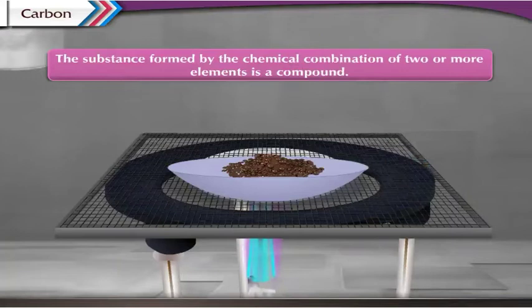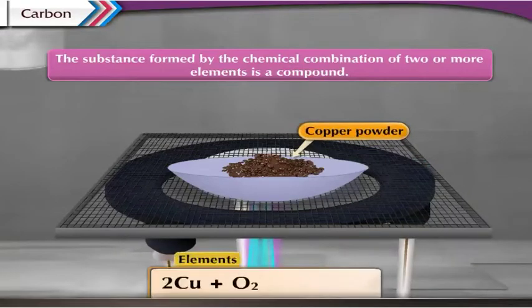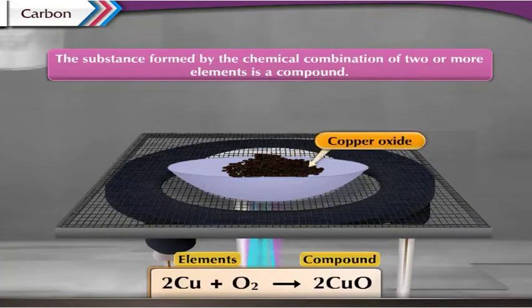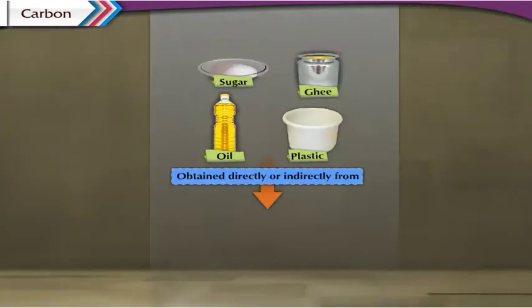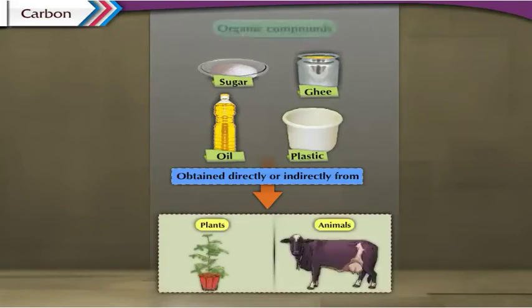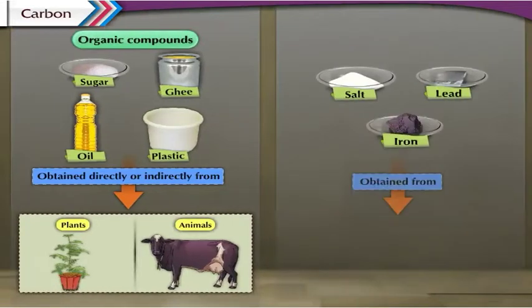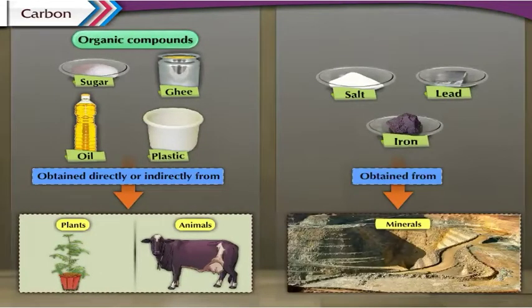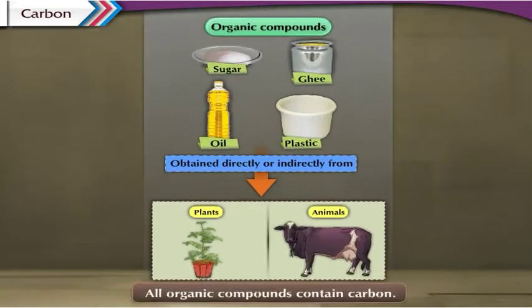We know that the substance formed by the chemical combination of 2 or more elements is a compound. Compounds that are obtained directly or indirectly from plants and animals are called organic compounds. Compounds that are obtained from minerals are called inorganic compounds. All organic compounds contain carbon.